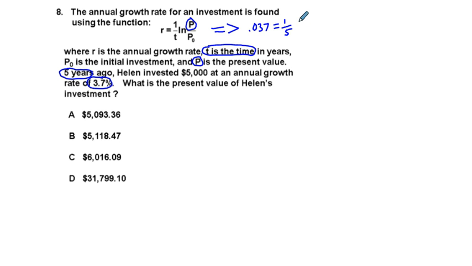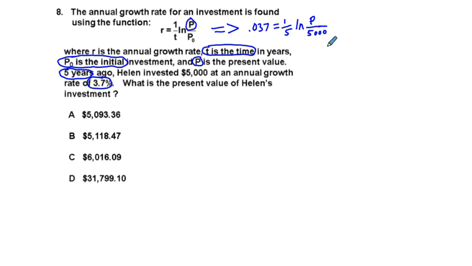and then we have natural logarithm of P, and P we do not know, over P sub 0, and P sub 0 is defined to be 5,000. P 0 is the initial investment. Okay, so 5,000. And really, being a multiple choice problem, we could substitute in our answer choices to see which one is correct.